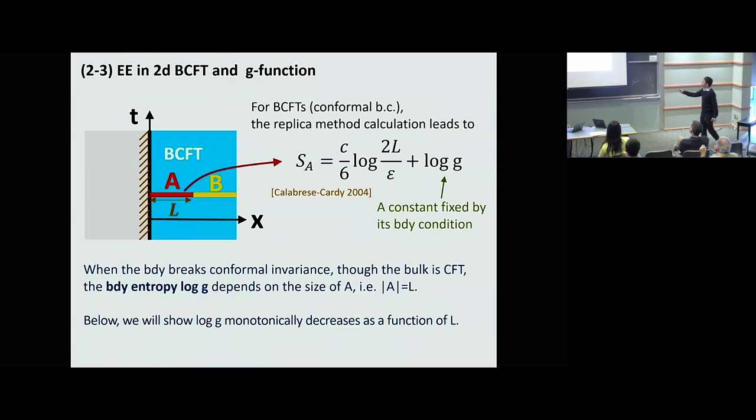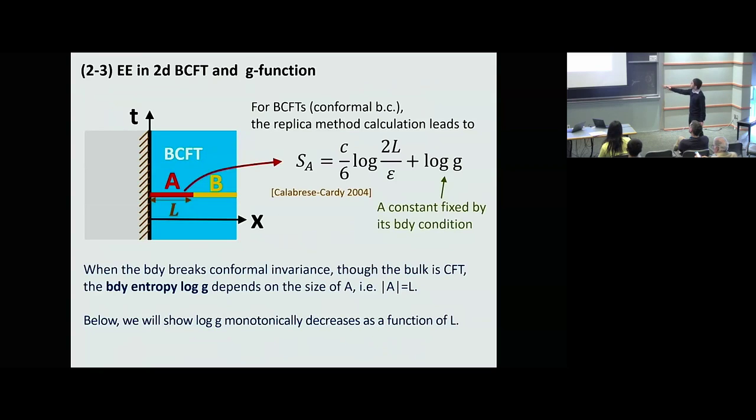But as already mentioned, if we have, for example, this right half plane, and we define subsystem A here, and let's take this length as L. This is the subsystem A, the size of A is L, capital L. Then we know this result. But still we can have a similar behavior, with some constant and no divergence, but the divergence is always logarithmic.